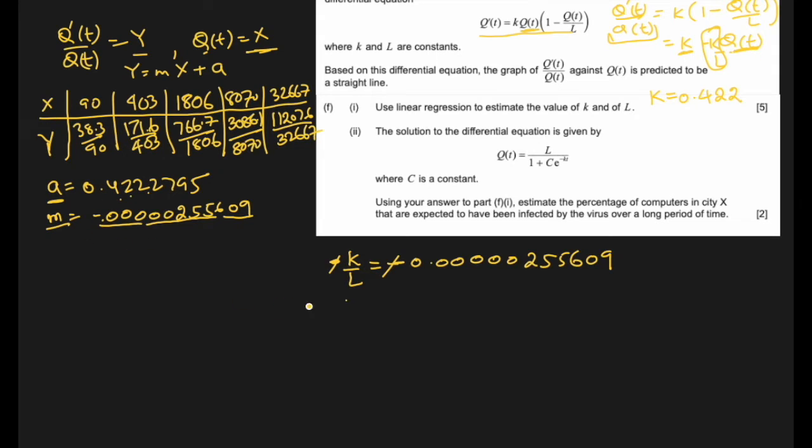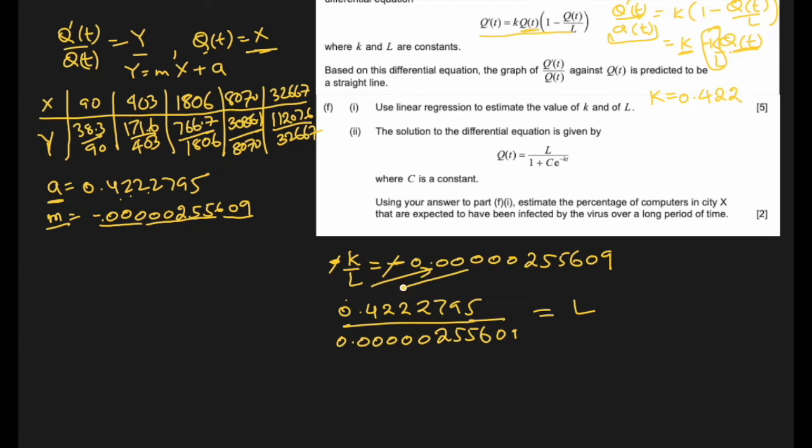K was 0.4222795 over 0.0000255609 equal to L. So cross multiply: L went this way and this came down, and this is how we can find L. Let me use my calculator to do that.